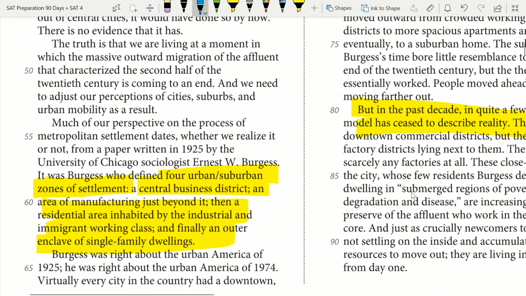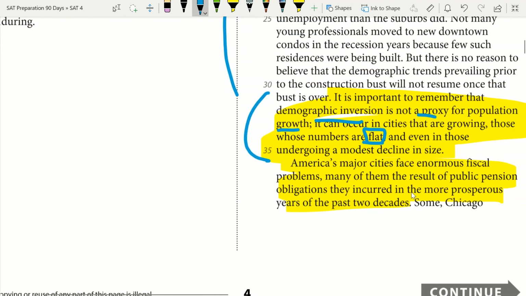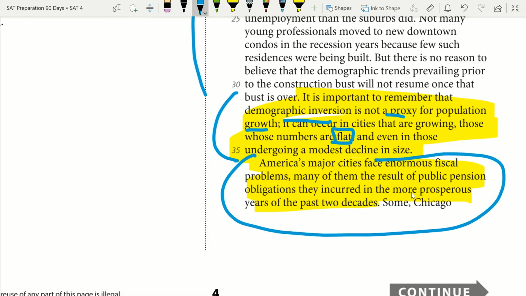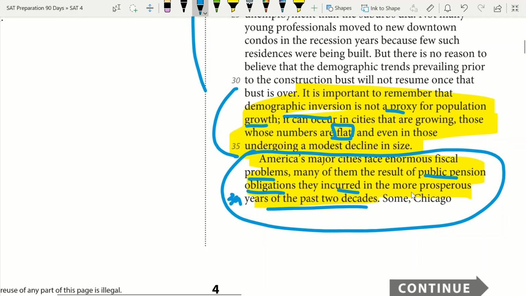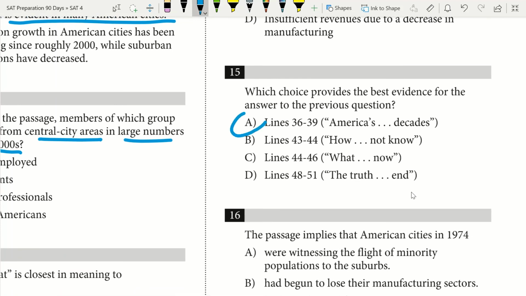Right here, starting in 36, I'm going to go ahead and circle it. So it's 36 to right around 39. We talk about America's major cities facing normal fiscal problems, many of them the result of public pension obligations they incurred in previous decades. So 36 to 39 would be my best evidence for that. So my answer there is going to be A for number 15.